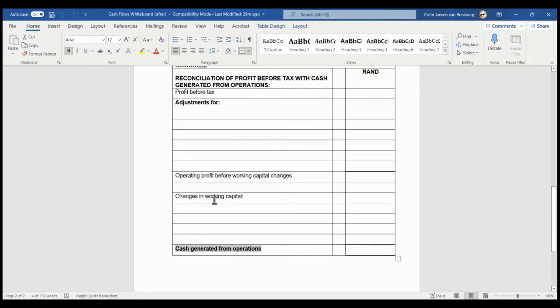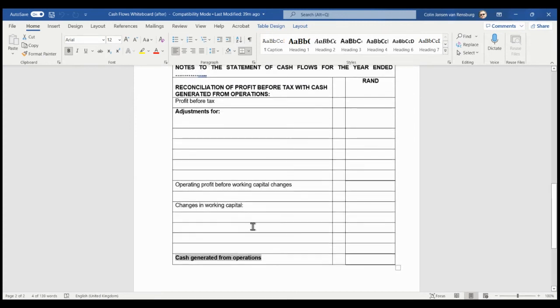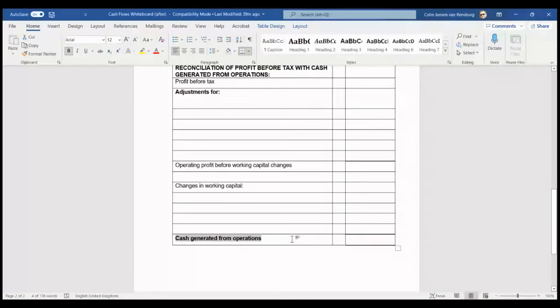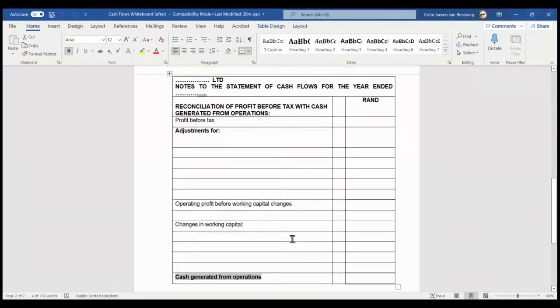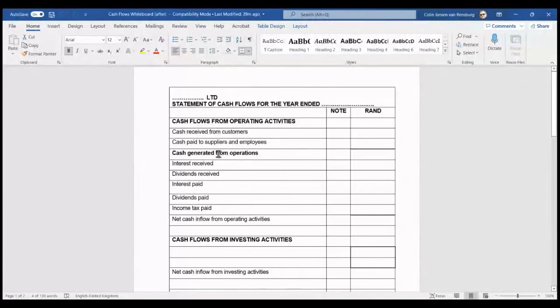So this note, and we're going to analyze it later, obviously, ends with cash generated from operations, right? So that clearly must be the same figure as what we have here on the face of our statement of cash flows, which is also described as cash generated from operations. So those two figures must be the same because the description is the same, right?